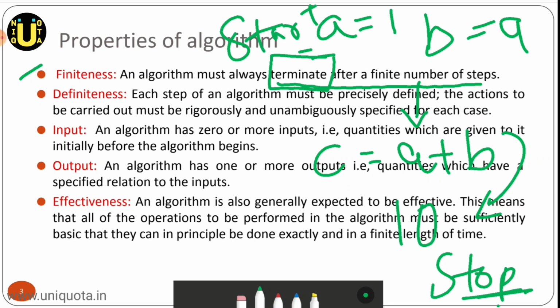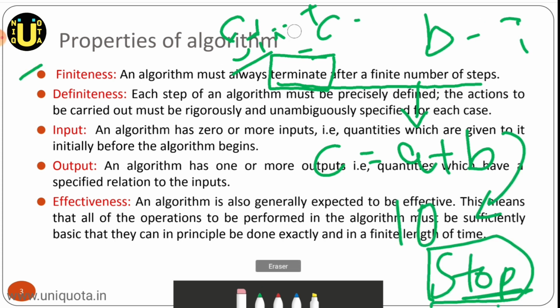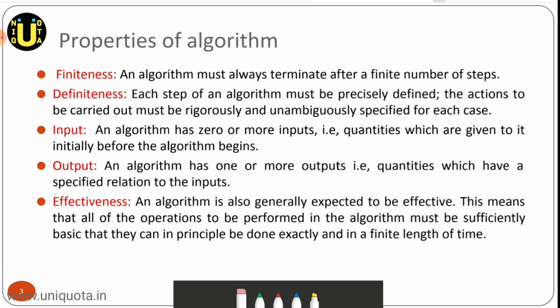It should terminate, then only the problem will be solved, or else the problem will go on forever. I hope you understood what start and stop are. That will also be explained in the further slides, but here just note it down. Any algorithm will begin with start and end with stop. You should mention that. Now you know what finiteness is.